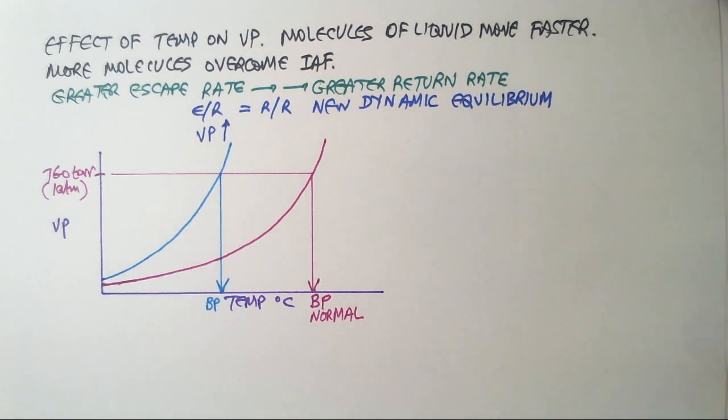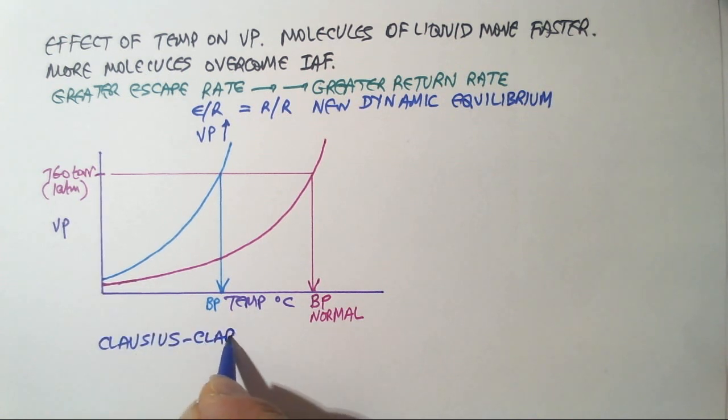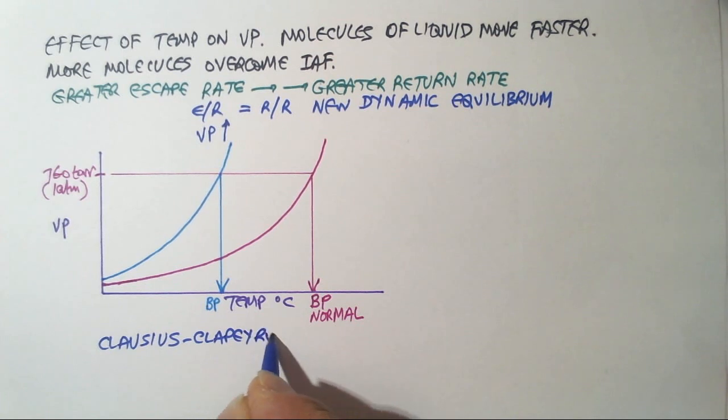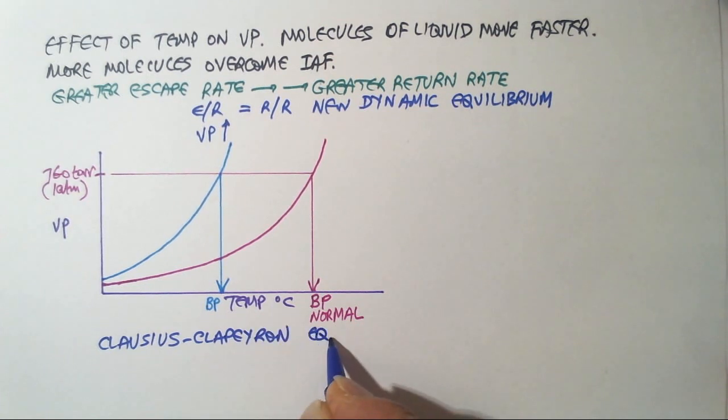Is there a relationship mathematically that describes these curves? Well, there is, and the equation is known as the Clausius-Clapeyron Equation. And what it says is it relates pressure to temperature.